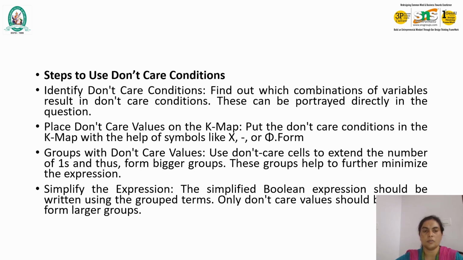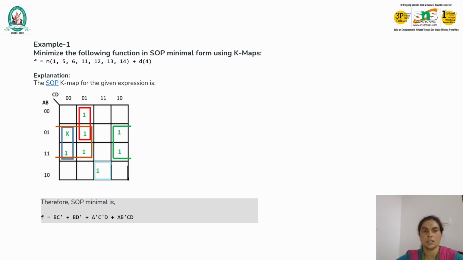The focus of the don't care method is to concentrate on large groups. This is the speciality of the don't care condition, and here is an example of how the don't care method is applied to sum of products for minimization.